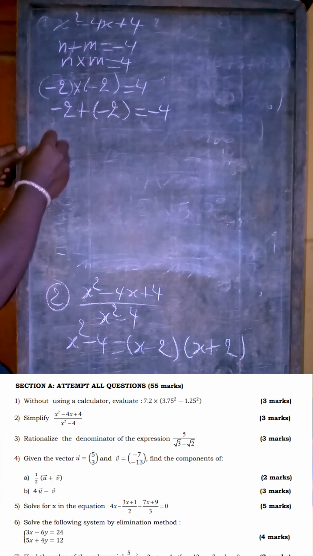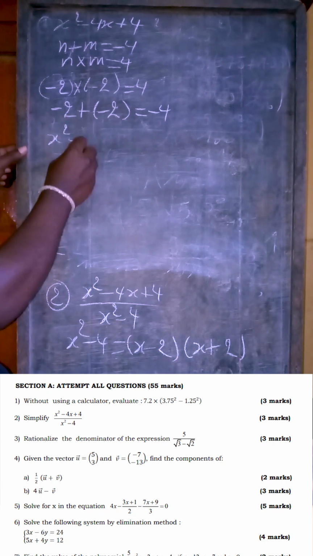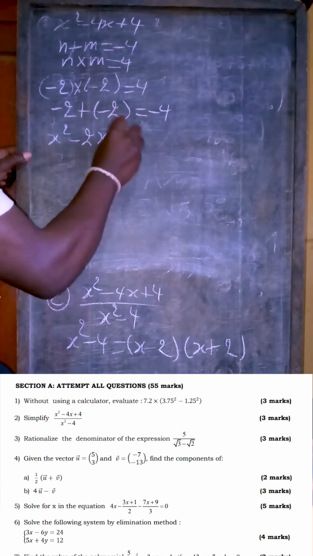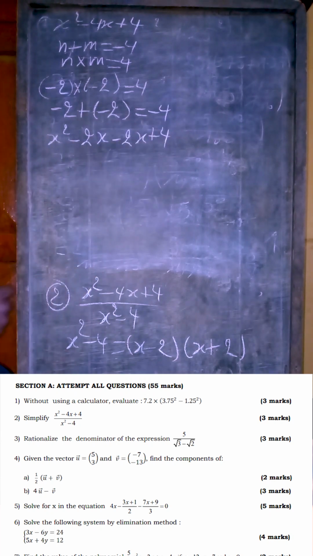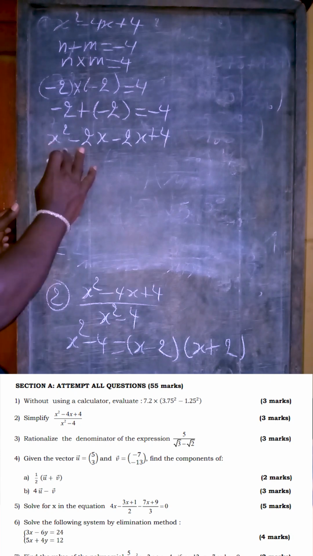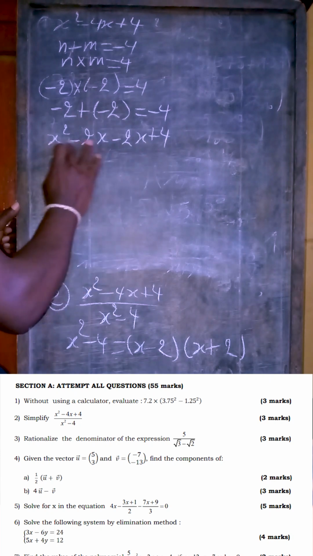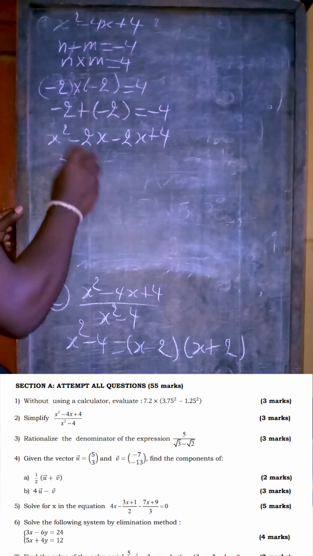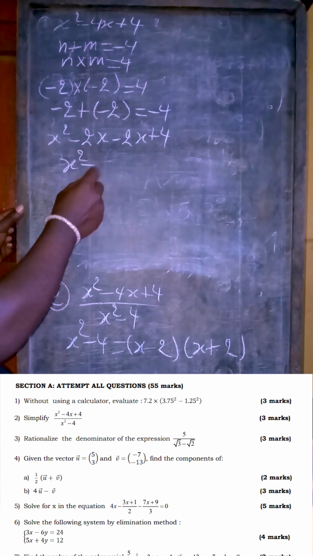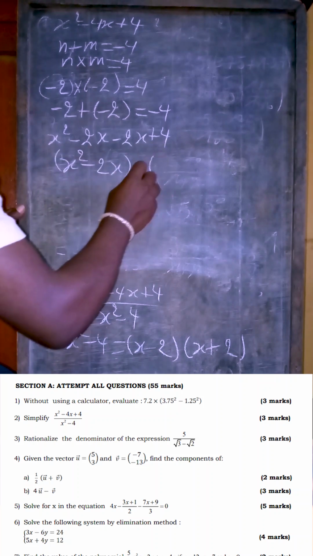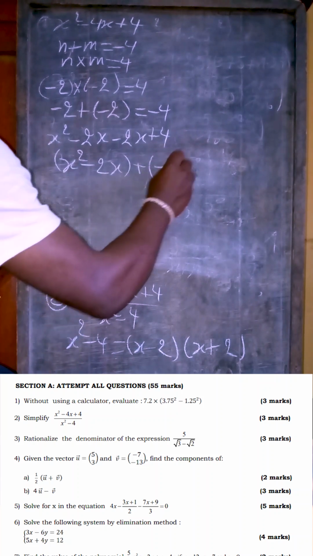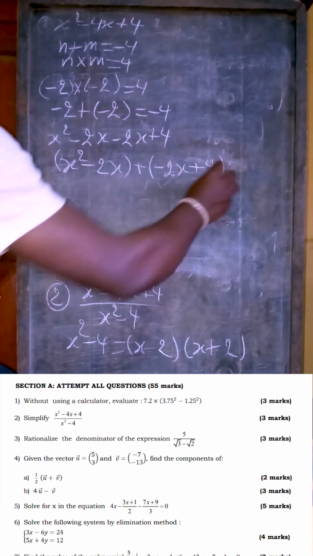By factorization it will be x squared minus 2x minus 2x plus 4. And by factorization we will group everything, two terms and two terms. X squared minus 2x by grouping, plus minus 2x plus 4.